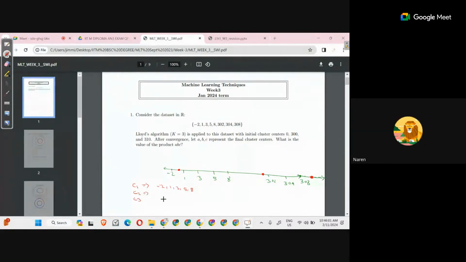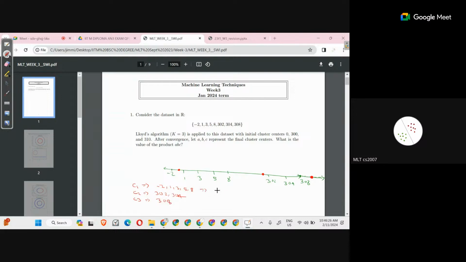What about C2? 302, 304. Is 8 going to fall there? No, 8 is too far from 300, it's like 292 points away. So here 302 and 304. And what about C3? 308.